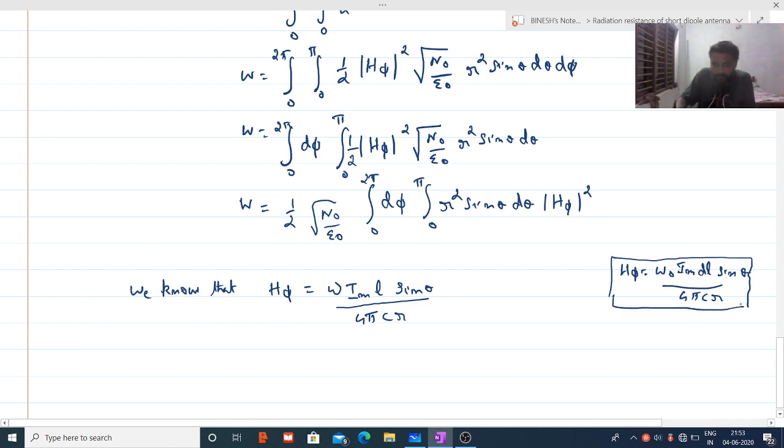In this equation, instead of dl I have taken L, and instead of omega naught I have taken omega. Only these changes I have made, because here the current element is not so small, it is a dipole antenna.